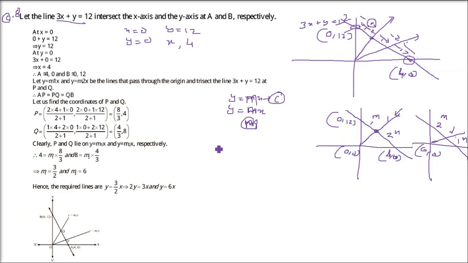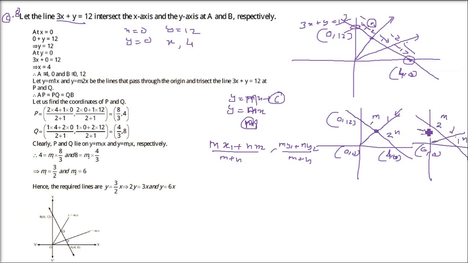So if you see here, what is this? As I told you earlier, the section formula gives x as mx1 plus nx2 by m plus n. And then the y coordinate will be my1 plus ny2 by m plus n. Here you will take m as 1 and n as 2.